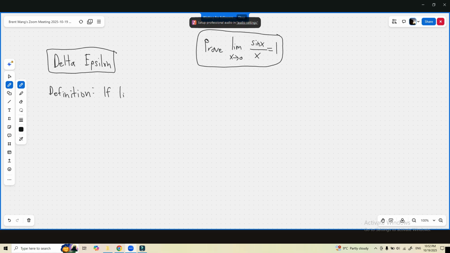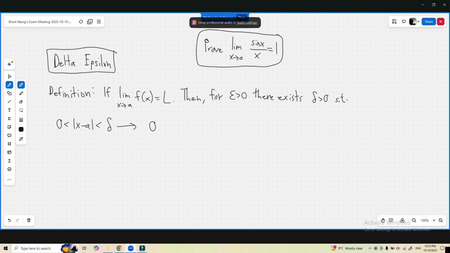Suppose we found that the limit as x approaches a of f of x equals some value L. Then, for every epsilon greater than 0, no matter how small epsilon is, there exists a delta greater than 0, some small delta, such that 0 less than absolute value of x minus a less than delta implies 0 less than absolute value of f of x minus L, which is less than epsilon.